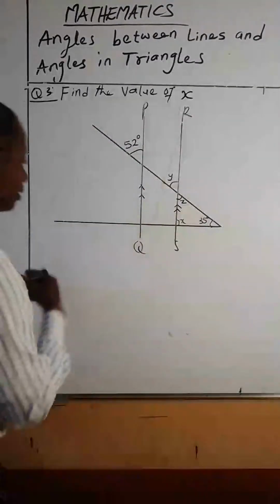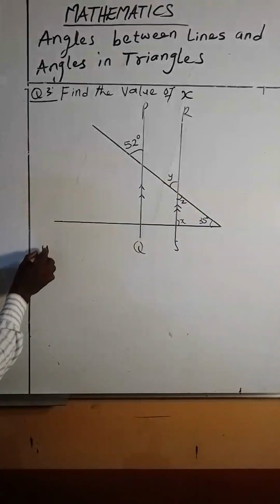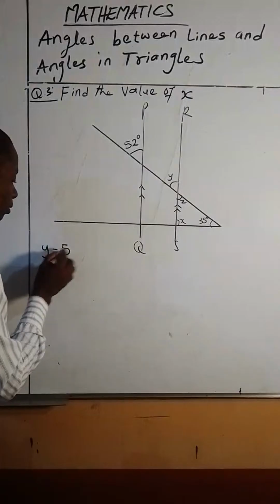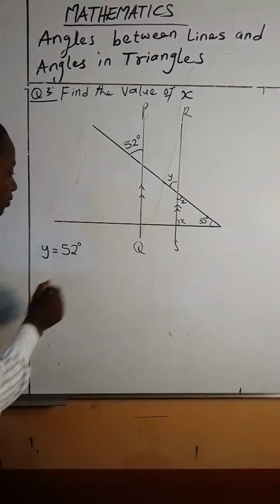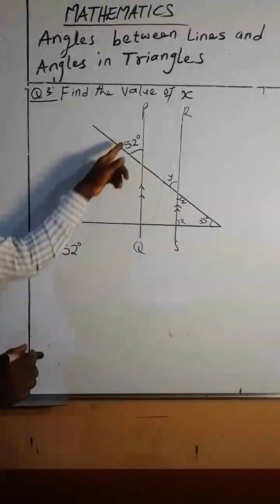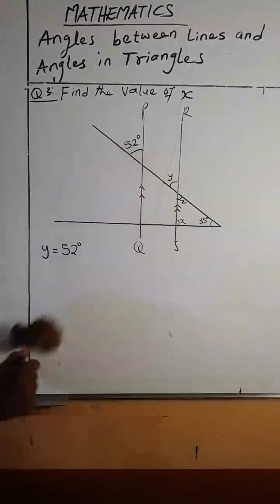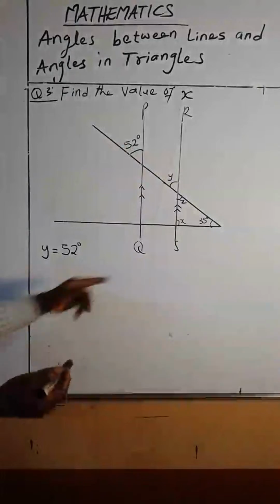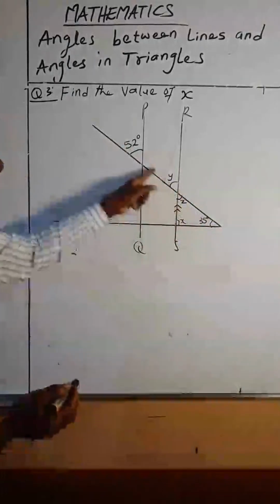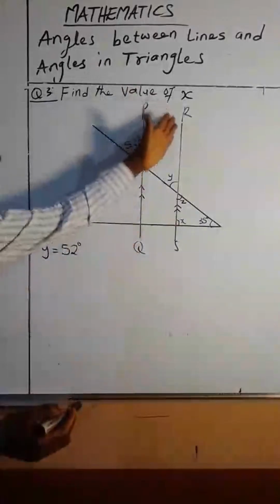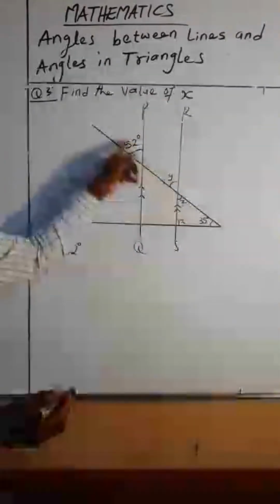Y is equal to 52 degrees, because it is in the corresponding position. This line here is a transversal, and these two lines, PQ and RS, are parallel to each other.